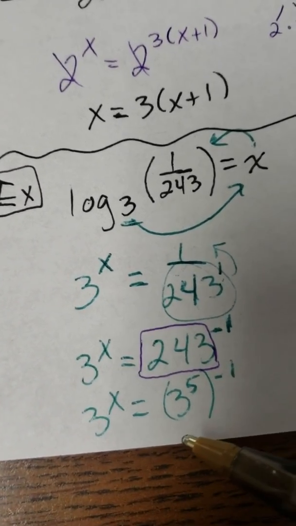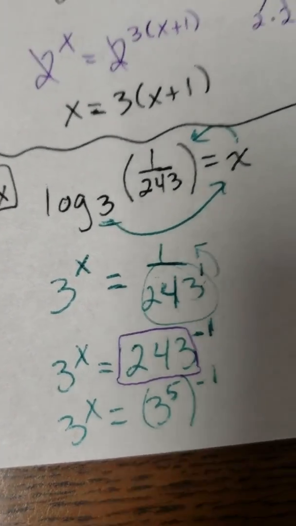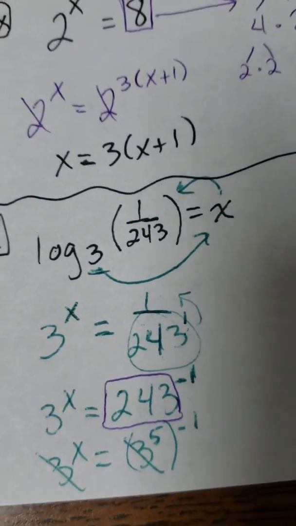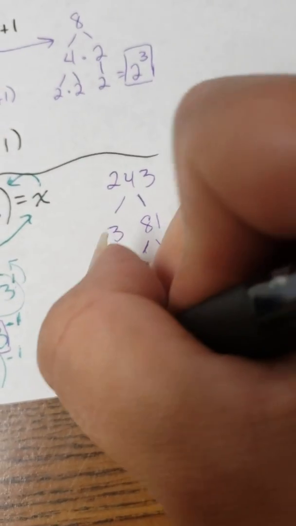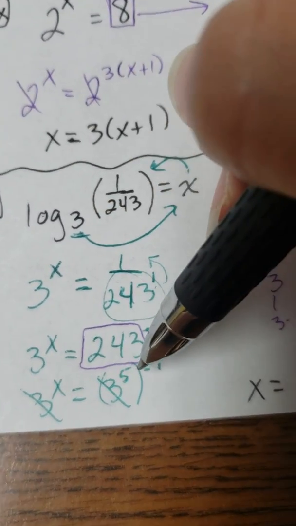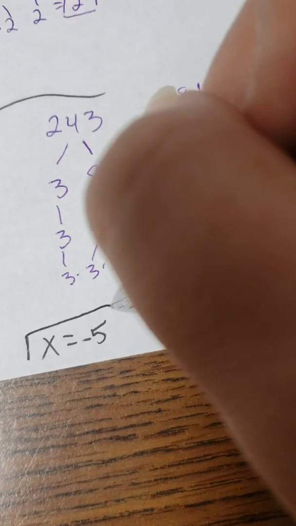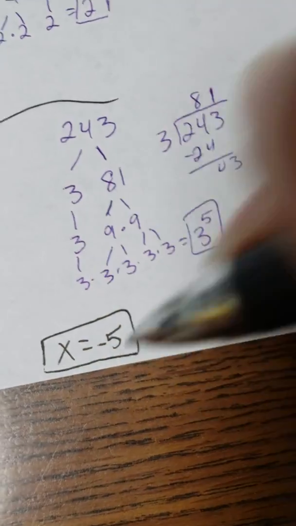Okay, so just like before, I can go ahead and cross out my 3's. And I'm just left with x is equal to, so x right here is equal to 5 times negative 1, which is just negative 5. And that's it. That is my answer.